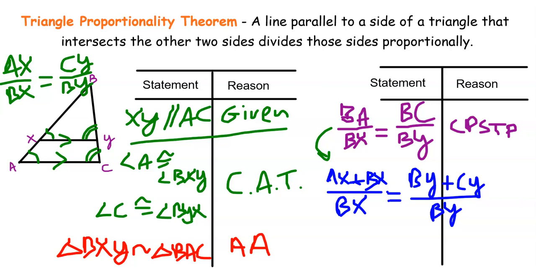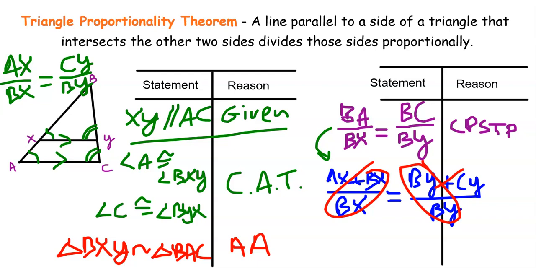One of the properties of proportions that we saw before is that if we have two values being summed in the numerator and one of those values is the same in the denominator, we can essentially cancel out those values, and we saw the proof of that when we were talking about the properties of proportions. So here we have a BX and a BX, and a BY and a BY.